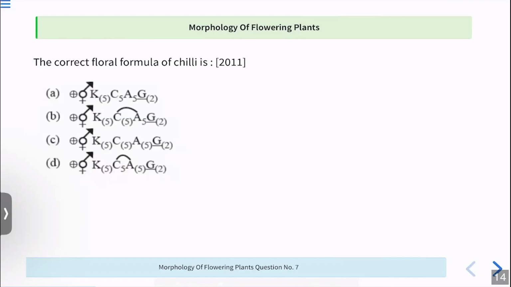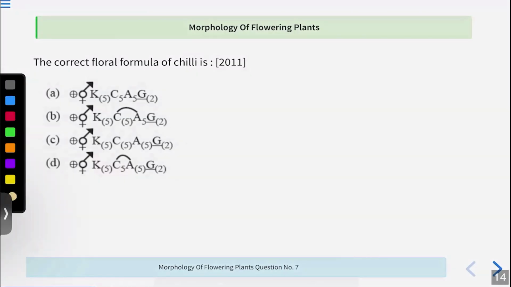The only difference that I can see over here is that the corolla and androecium are attached to each other.